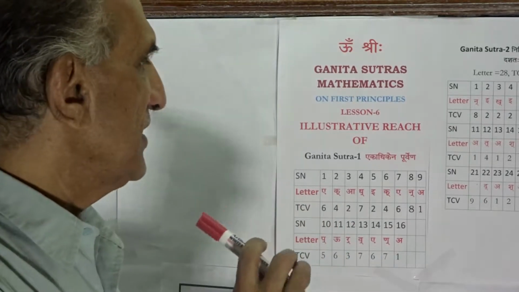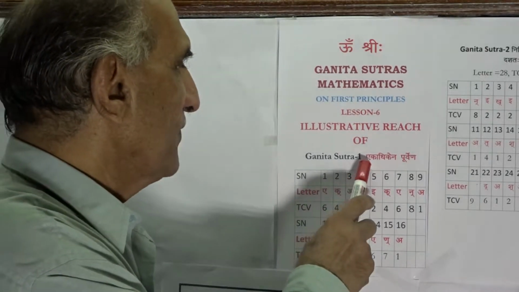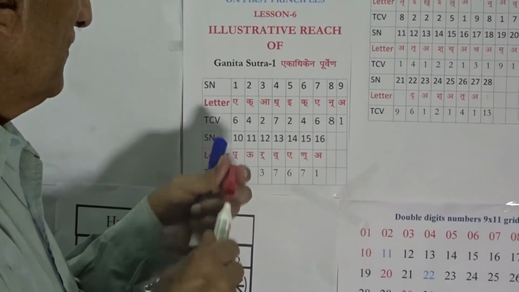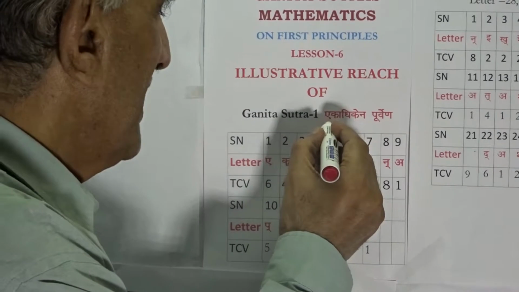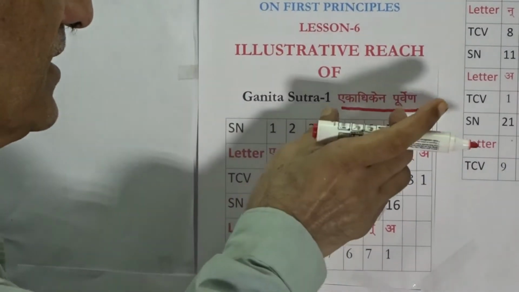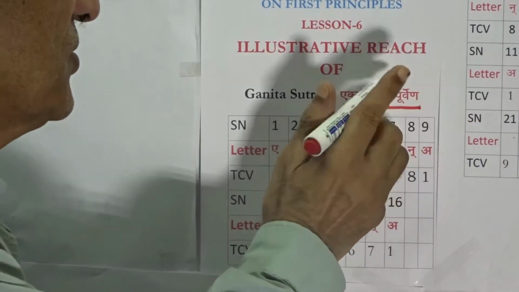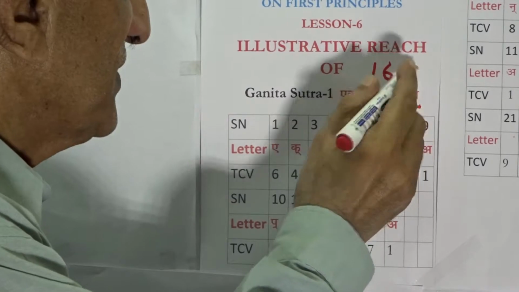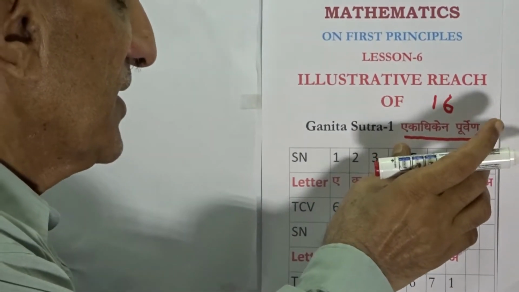These 16 letters of Ganita Sutra 1 text will emerge as the structural keys. These 16 letters of the sutra are a bunch of 16 structural keys.